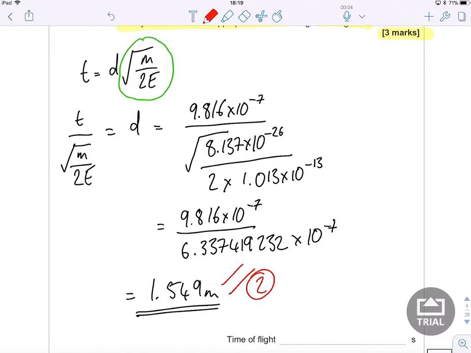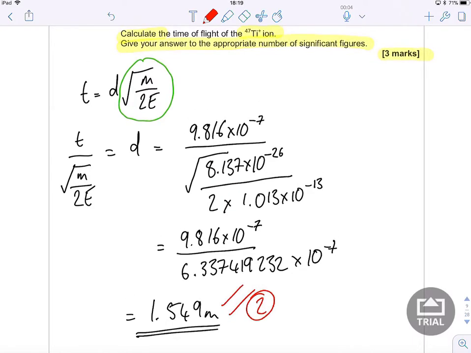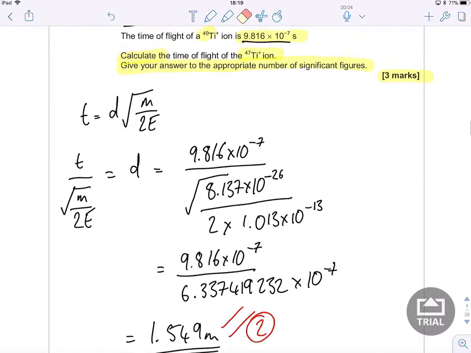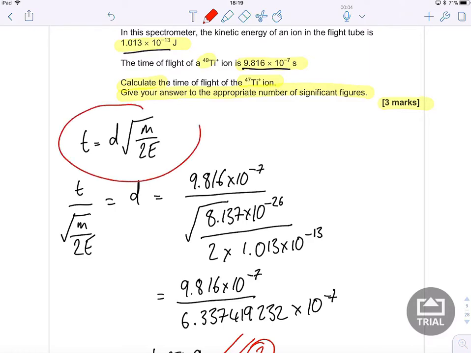Okay, so what I'm going to do now is go back to this original equation, because now I know the distance of the flight tube. I know the energy is going to be the same. What I need to do is recalculate this equation, but for the mass of a titanium 47 ion.